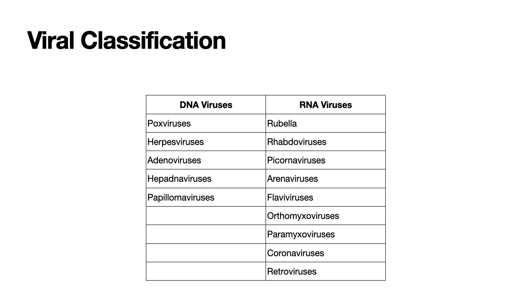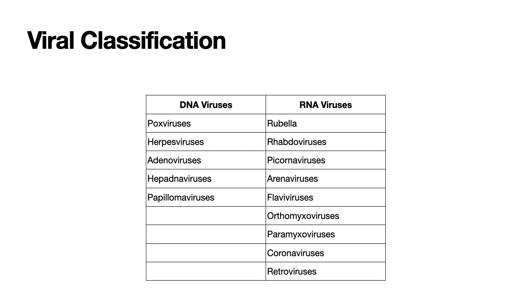Next would be the adenoviruses, which commonly cause conjunctivitis or the pink or sore eyes. They cause cough and colds, and they can even cause pneumonia, no, especially in children.